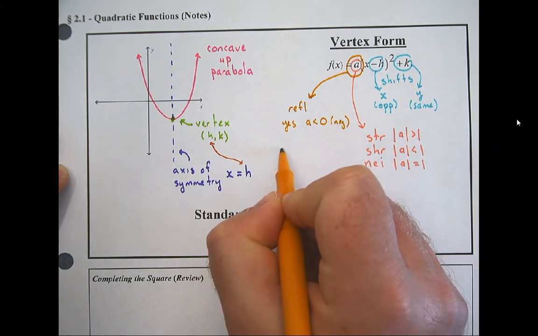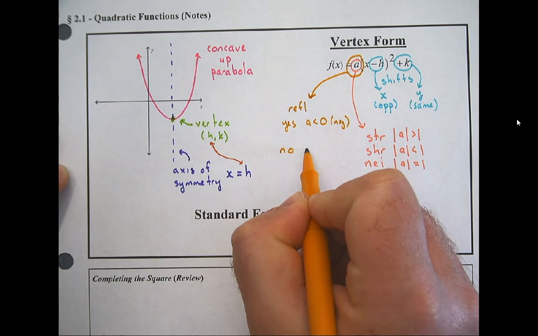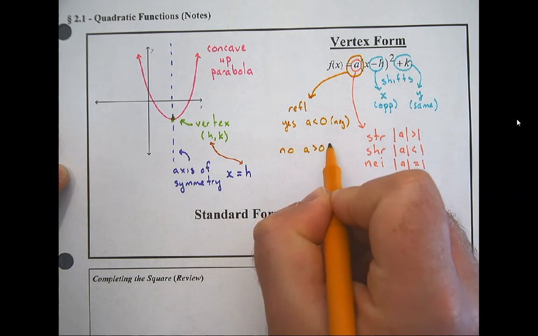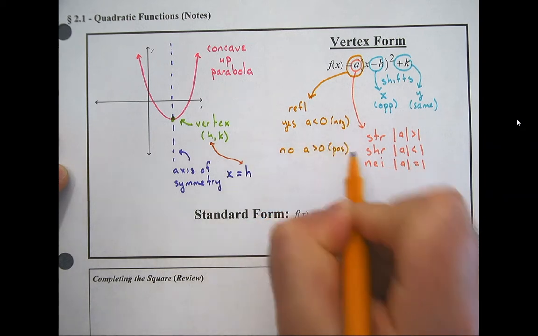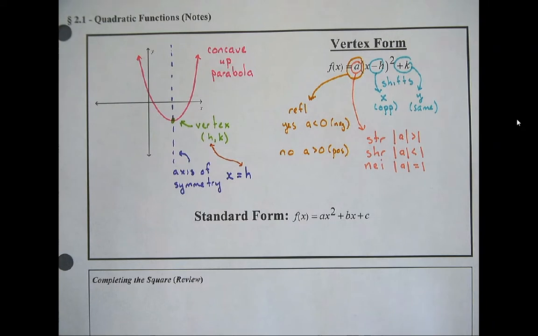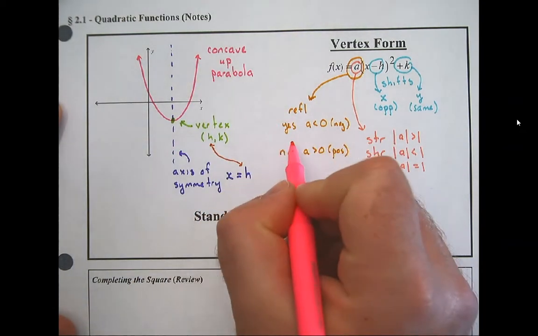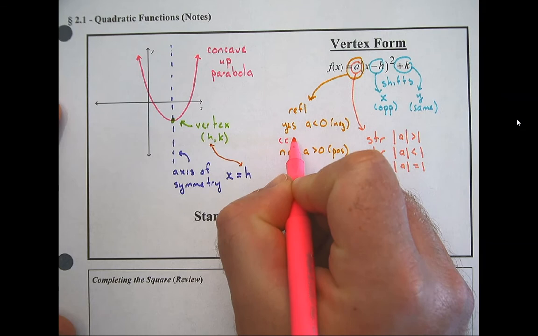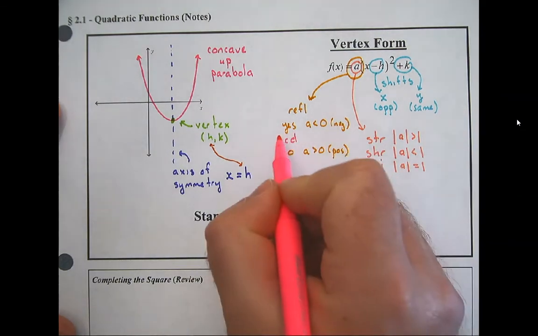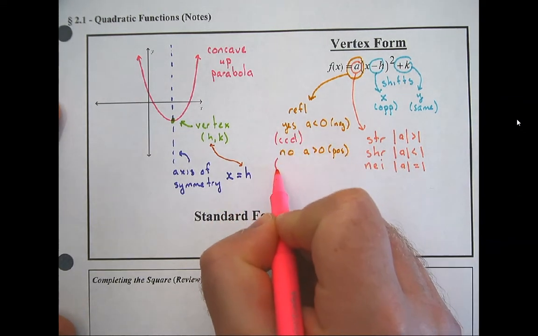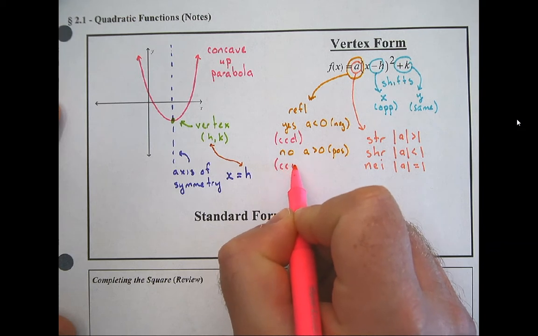And it's a reflection, no, if a is greater than 0, or in other words, if that value out front is positive. So when we have a reflection yes, that means our graph is concave down. I usually just use CCD, concave down parabola, and then no would be a concave up parabola.